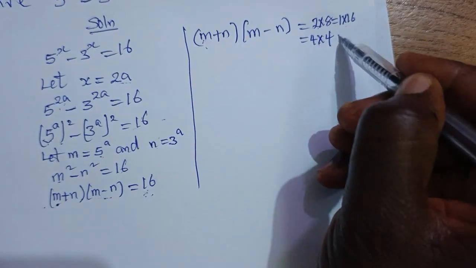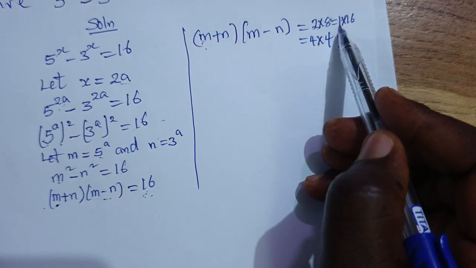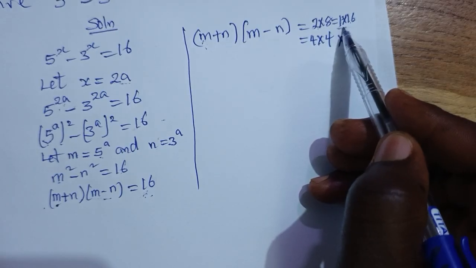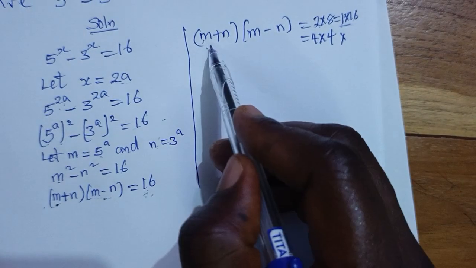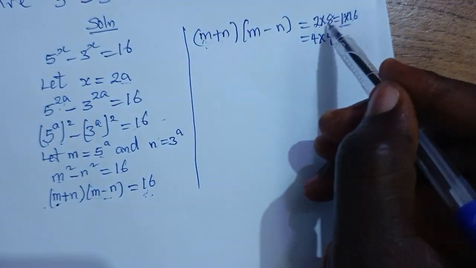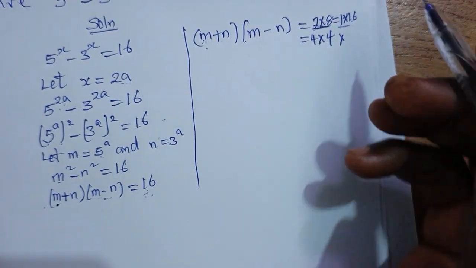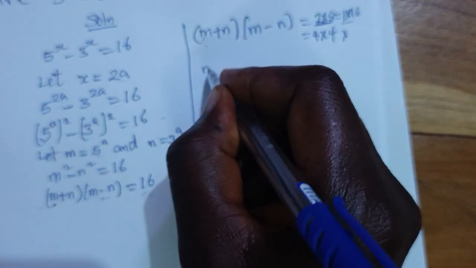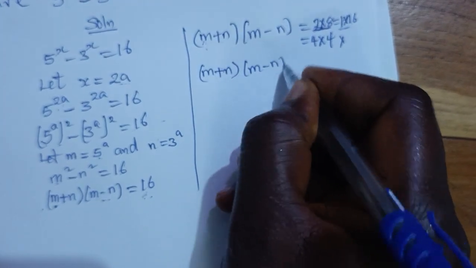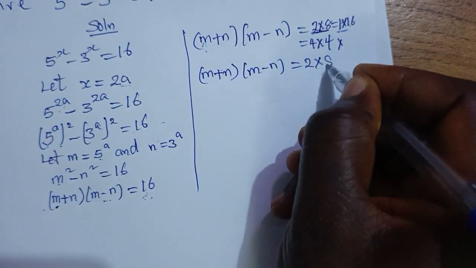So therefore, this is out. Now we have 1 times 16. This can never be the factors because of the nature of the factors that we are having here. So therefore, we are going to use 2 by 8. So we have m plus n, multiplied by m minus n, equals 2 multiplied by 8.